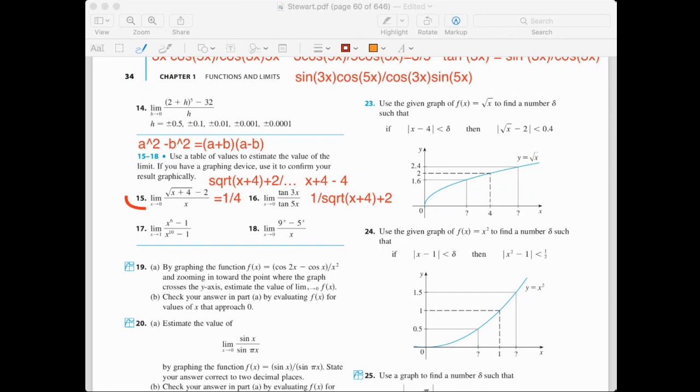So it becomes 1 over the square root of x plus 4 plus 2. Then we can plug in 0. So 0 plus 4, square root, plus 2. So that's 1 over 4, right? Okay, any other questions?